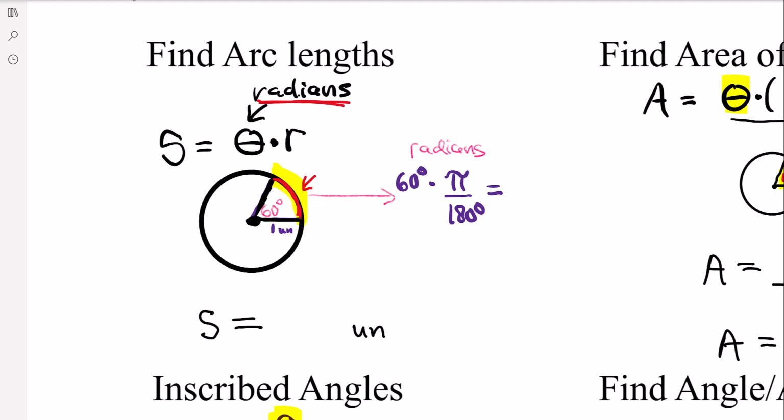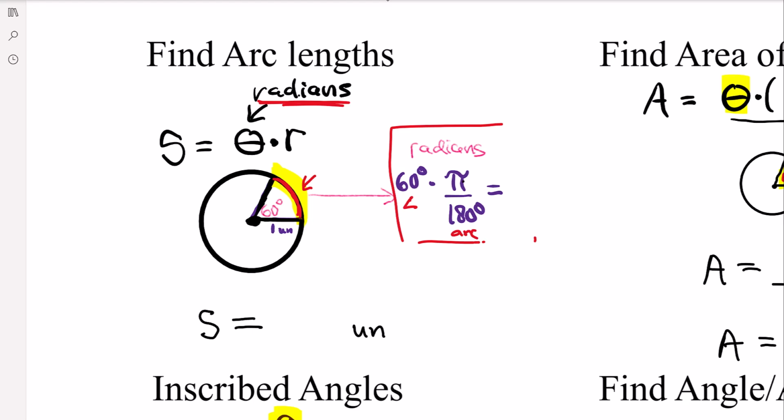except for when it's a length, we have to put 60 degrees in radians, and this is how you do that. This is an angle, this is the arc measure. They're the same measure, so you have to do a conversion. So notice we multiply any angle, doesn't just have to be 60 degrees, by pi over 180.